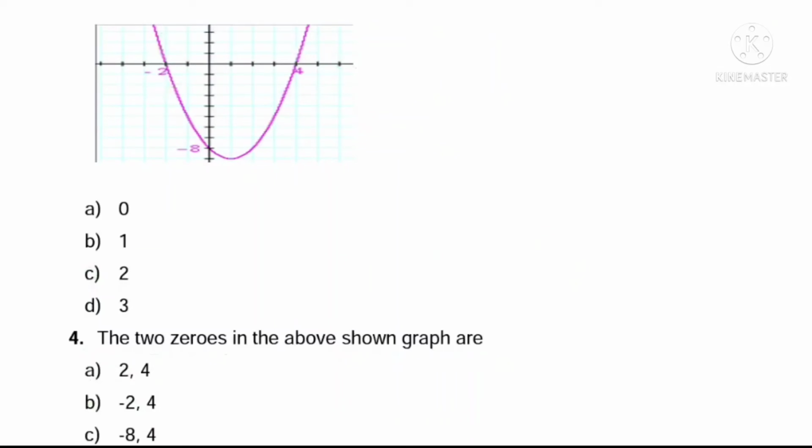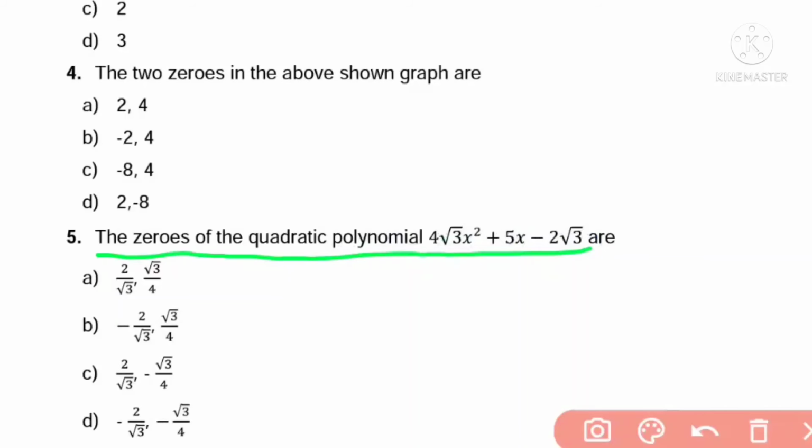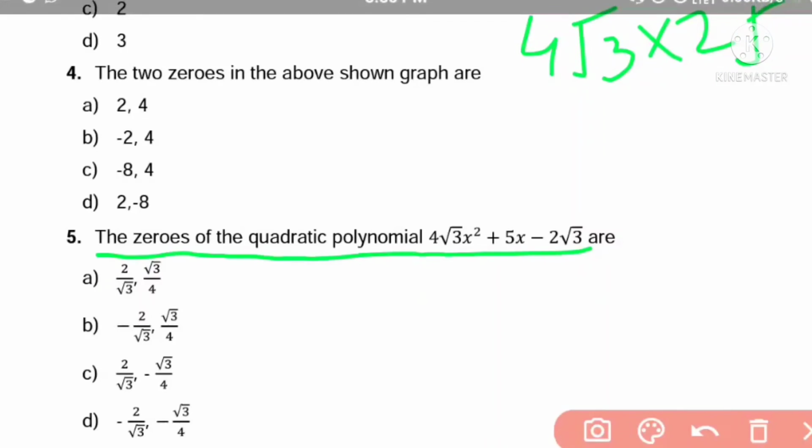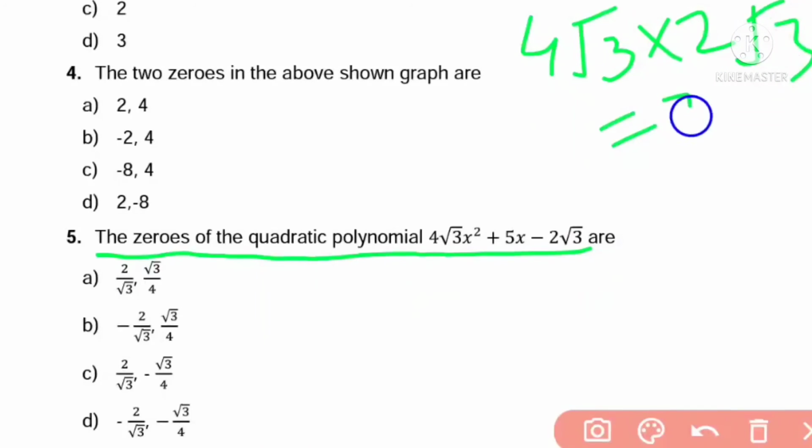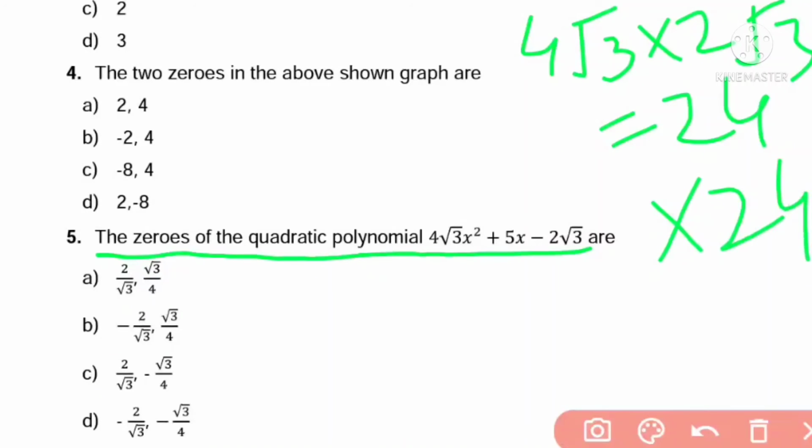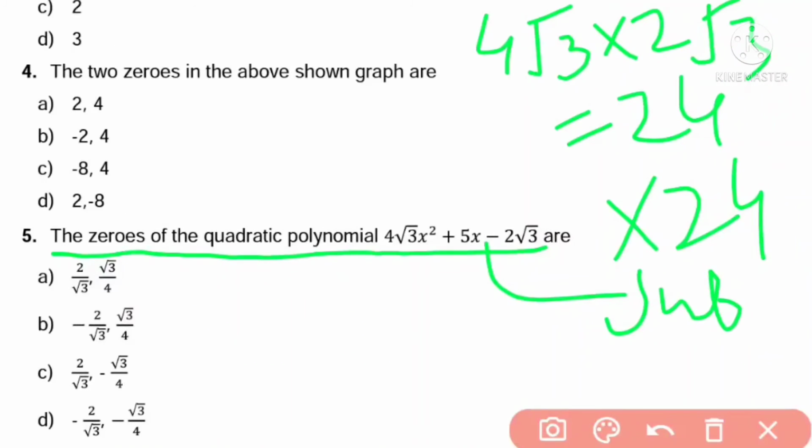The zeros of quadratic polynomial 4 root 3 x square plus 5x minus 2 root 3 are. Look here, 4 root 3 into 2 root 3 is here 3 fours are 24. This product is 24. So multiply, then we want 24, and here is minus sign, so subtract, then we want here 5.